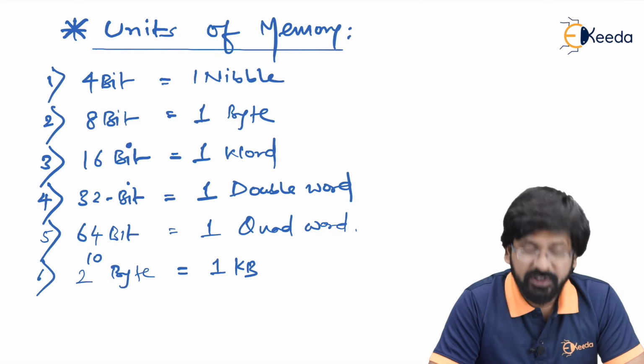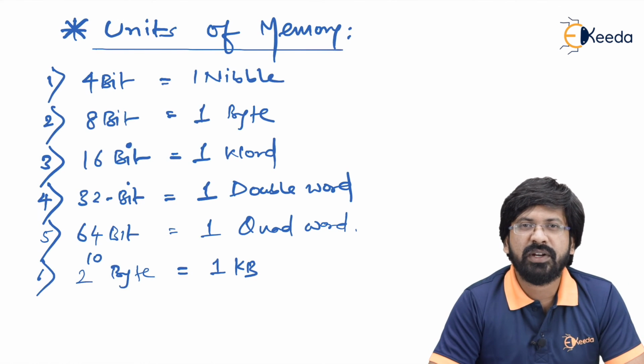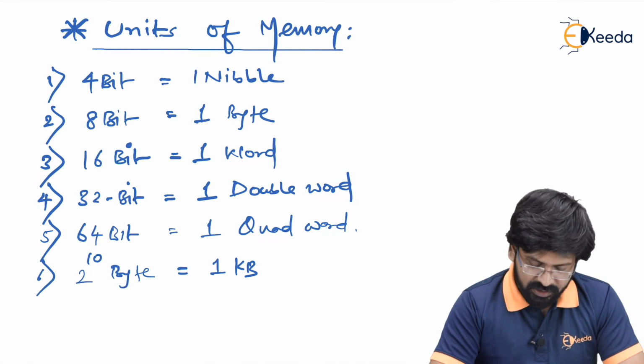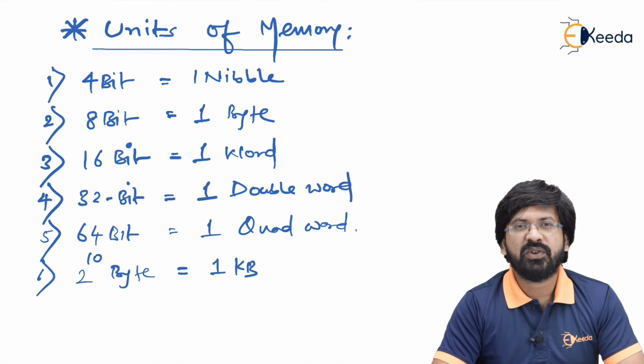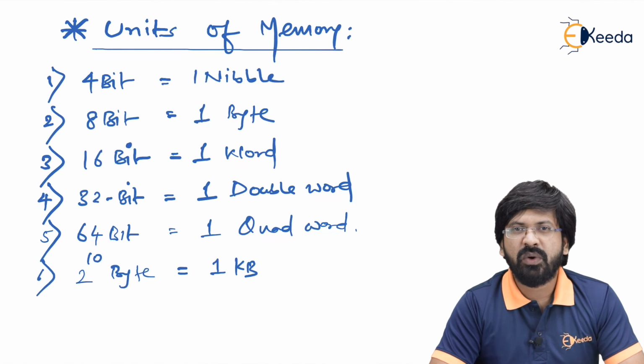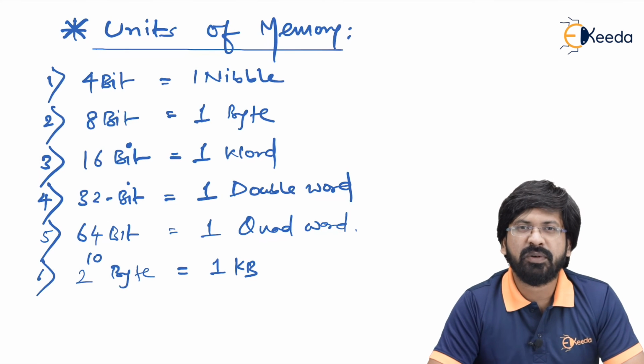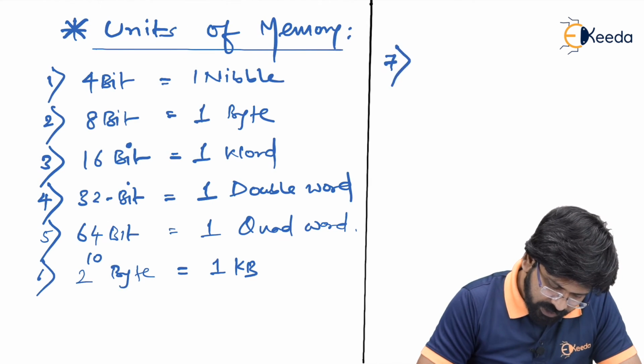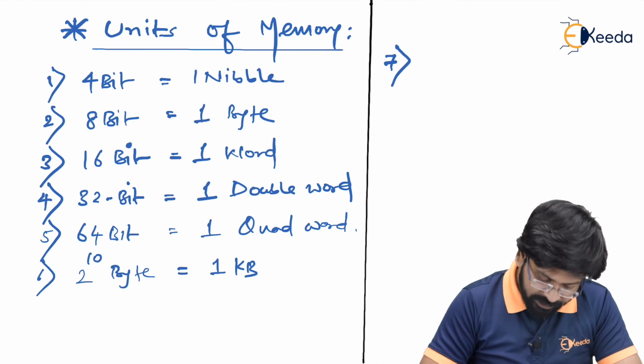I'm sure now you must have recognized what is meant by 1 KB. Whenever you say 1 KB, it means it is occupying 1024 locations of the memory, right? So the whole unit of 1024 locations in the memory, where every location is 1 byte in size, such memory is what we call 1 kilobyte, right? So we can now go on expanding these units of the memory.